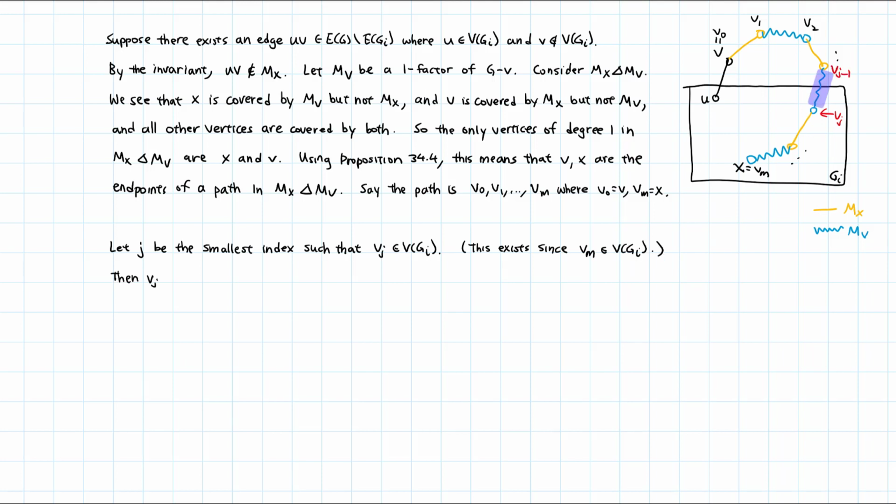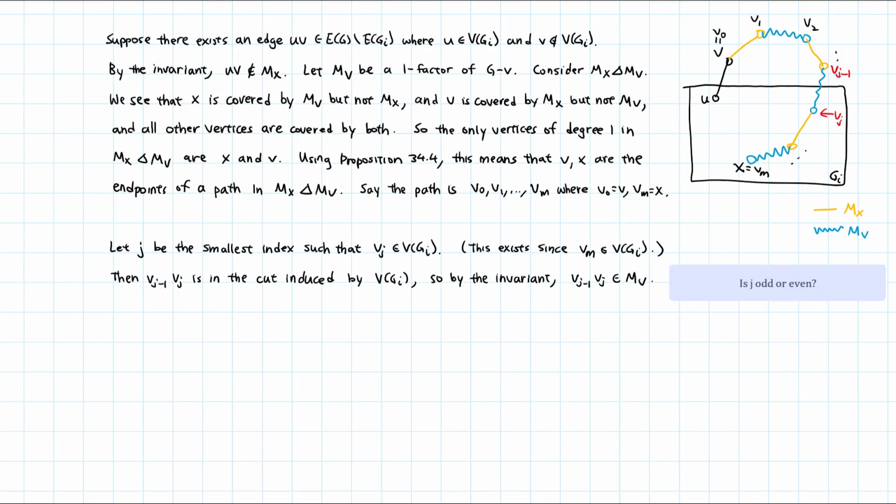Then, the edge v_{j-1} vj is in the cut induced by the vertices of G_i. So here is where we use the invariant again to say that this edge is not in Mx, therefore it must be in Mv. Based on this, can you see what is the parity of j?